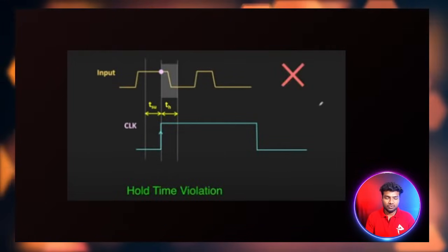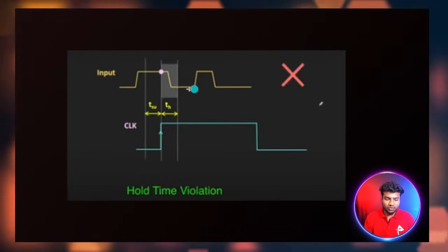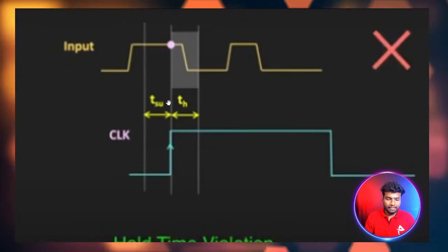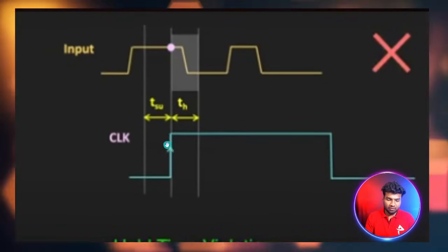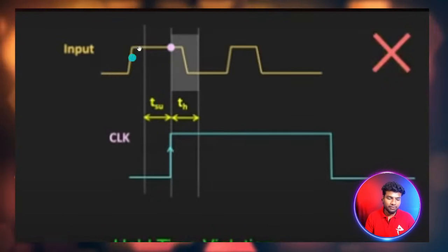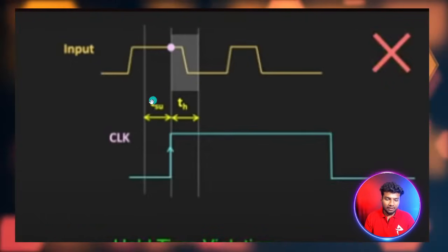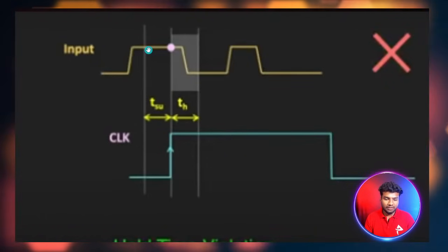So this is one example for setup time and hold time issues. You can see here this is a clock, this is the passage, and during the setup time the input is in a stable state.